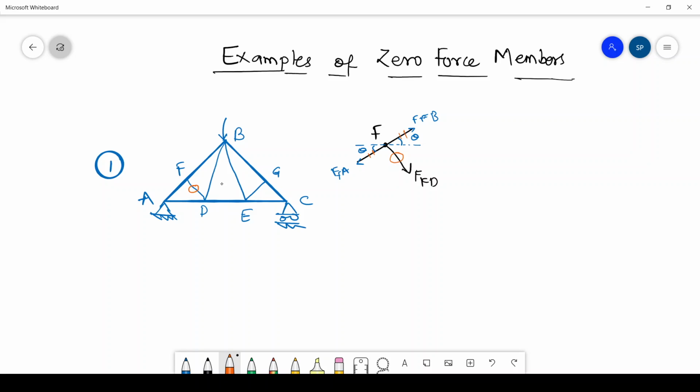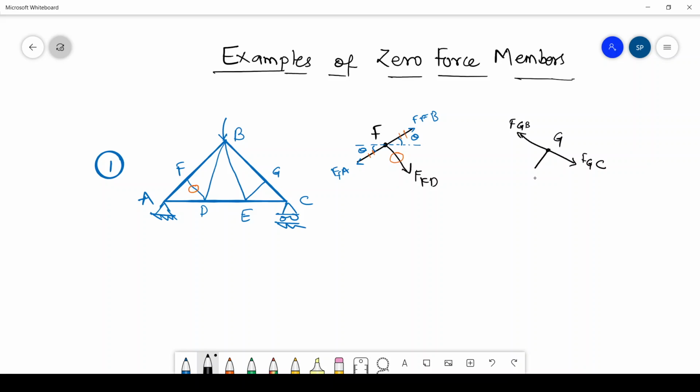Now similar to joint F, joint G is also of same nature, exactly in reverse direction. At G again there is no external load acting, and these two member forces will be similar, magnitude will be same for force along GB and for force along GC.